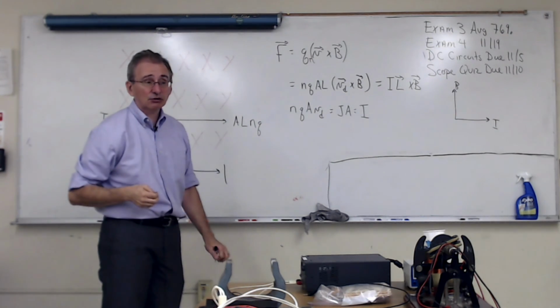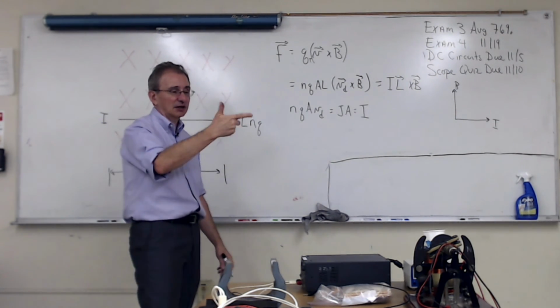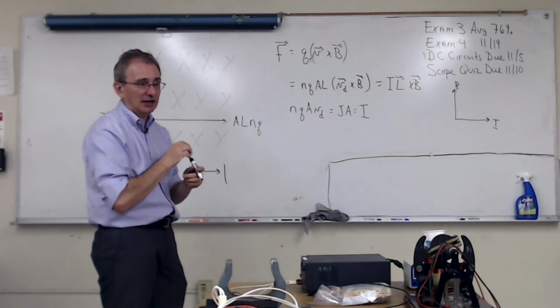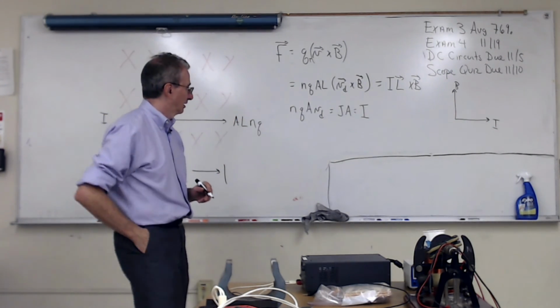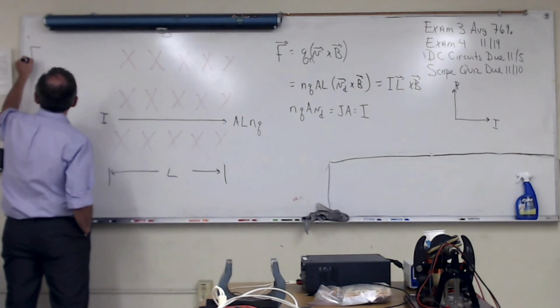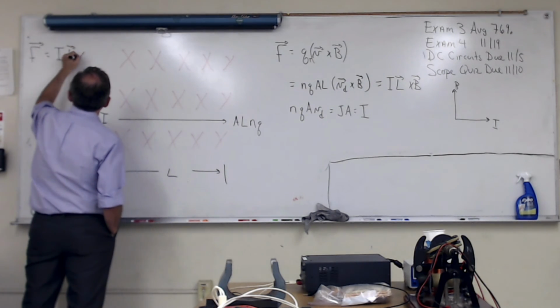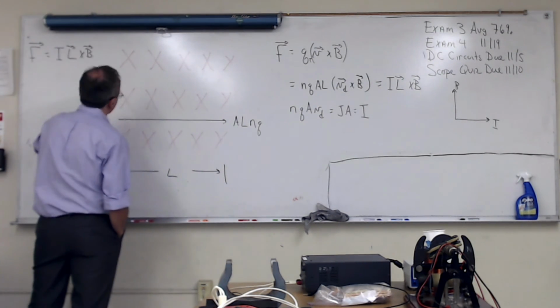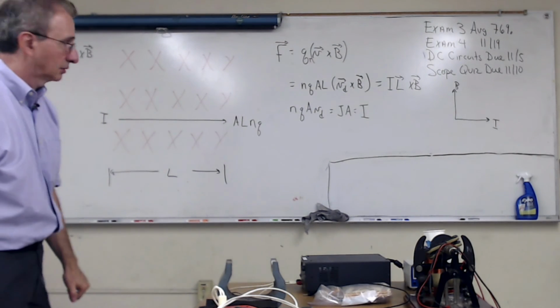Or of course, you can always do the cross product, which is the long way to do it. So on your exam, you're either going to be doing the right-hand rule or you're going to be evaluating cross products, which is evaluating the determinant. So the force on a wire in a magnetic field is this. Okay?